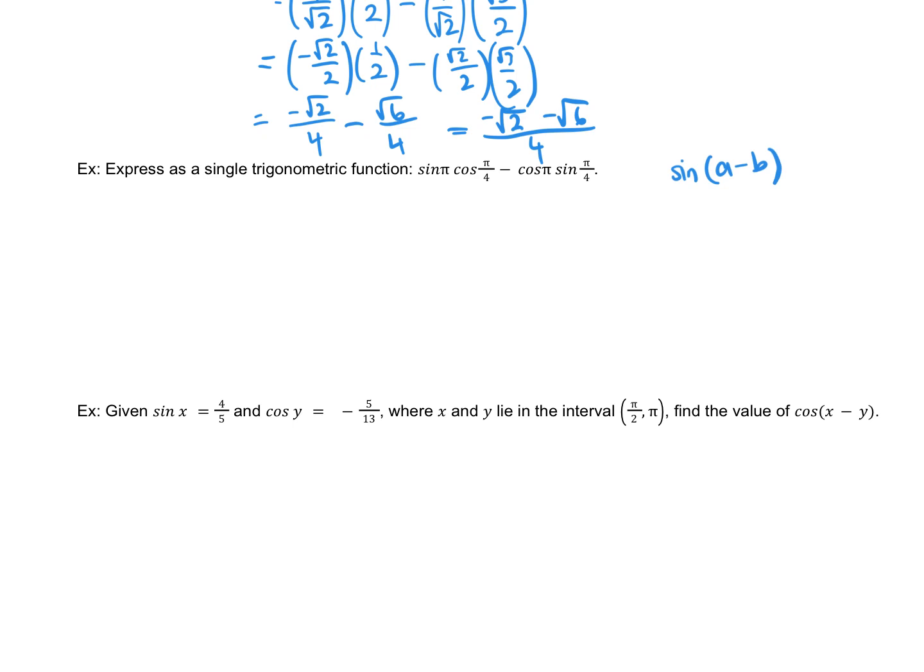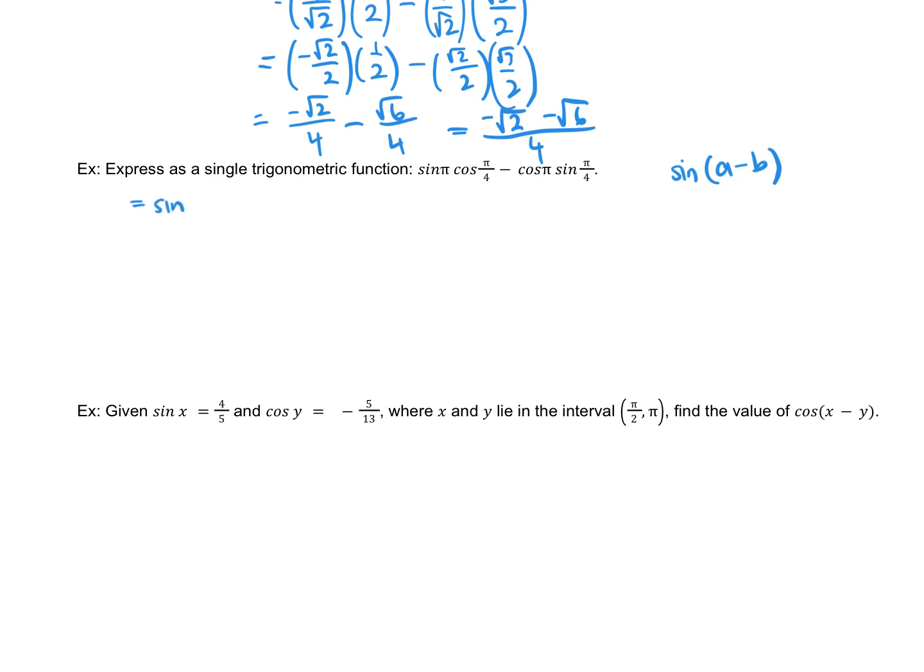I know it's sine because sine and cos are alternating, unlike for cos where it's all cos first, then all sine at the end. Now, in this specific example, I could evaluate this as is. I should know what sine pi is and cos pi over 4, sine pi over 4. But we could also use our compound angle formula backwards to simplify this and evaluate just a single trig ratio instead of 4 of them.